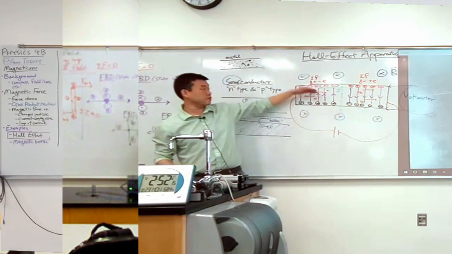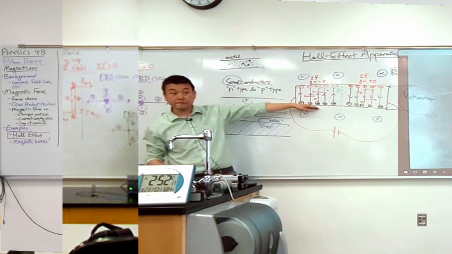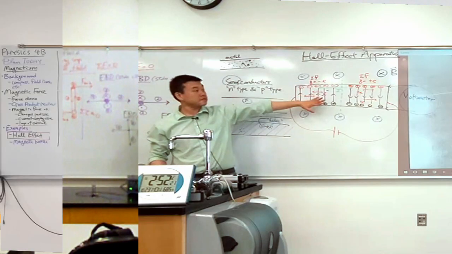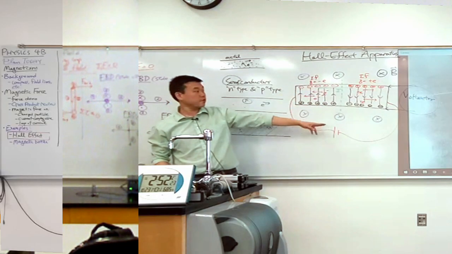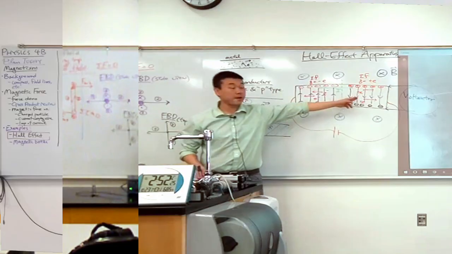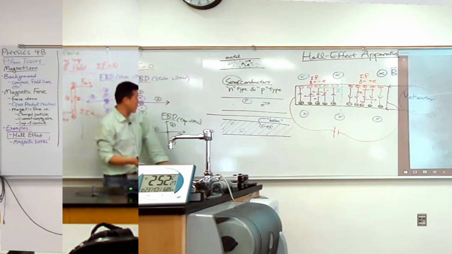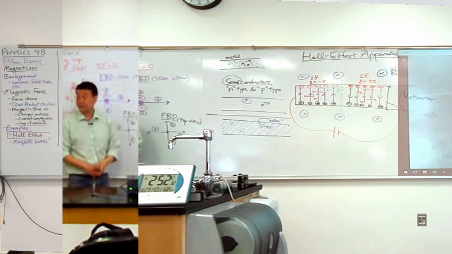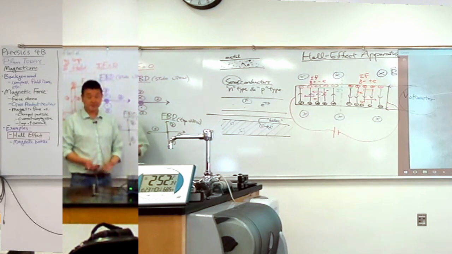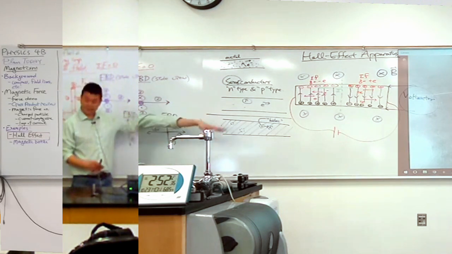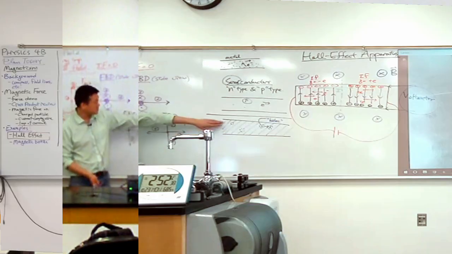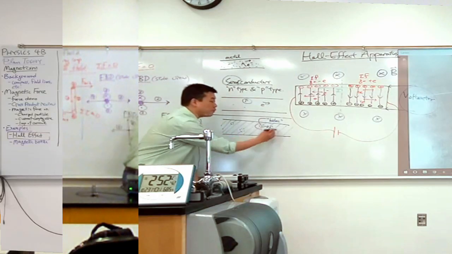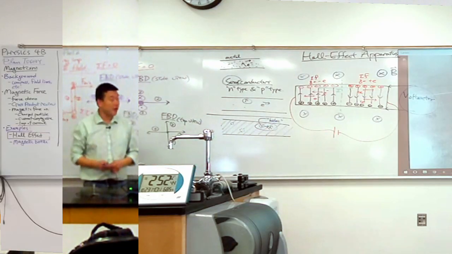If you read the voltage on the top is less than the voltage on the bottom, then your charge carrier must be negative. So this is a setup that distinguishes whether your actual charge carrier is negative or positive. And when they do this experiment with this type of semiconductor, they get that the charge carrier actually is positive. So this is treated as though your true charge carriers are these holes that are positively charged.